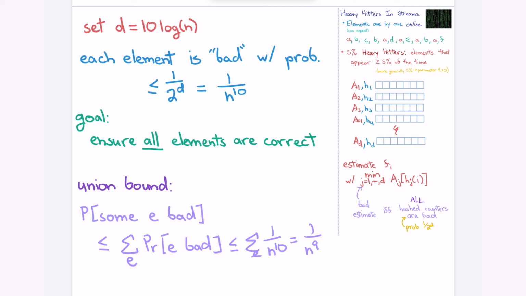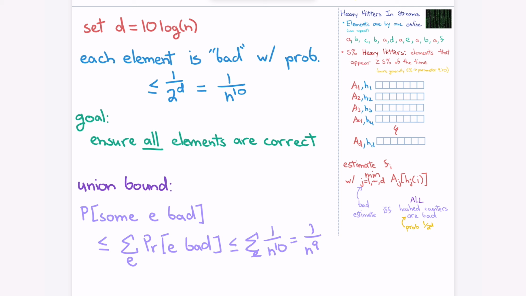This exponential drop off in error is so nice, because if you just do 10 log n, you get 1 over n to the 9th. If you did 20 log n, you get n to the 19 or something. It's that leading constant, which is hiding in the big O notation, that shows up in the exponent of your error probability.